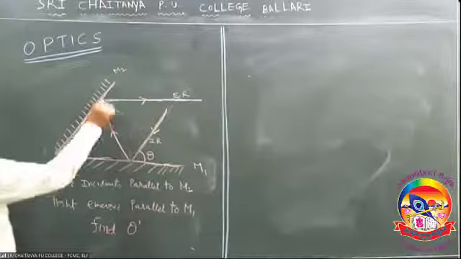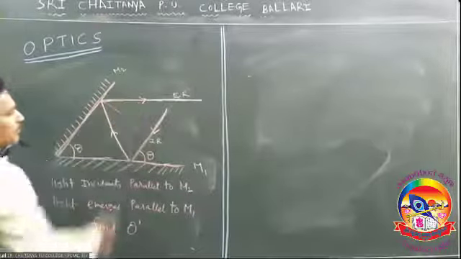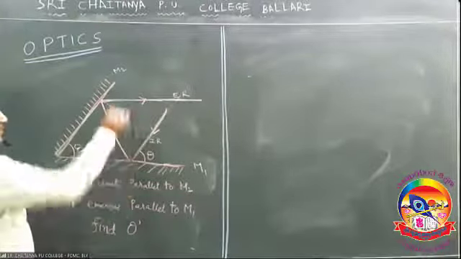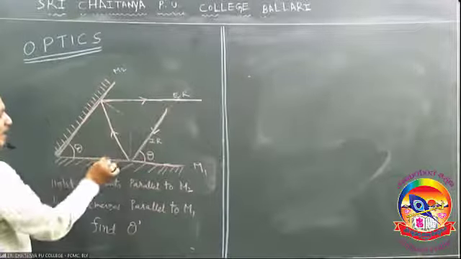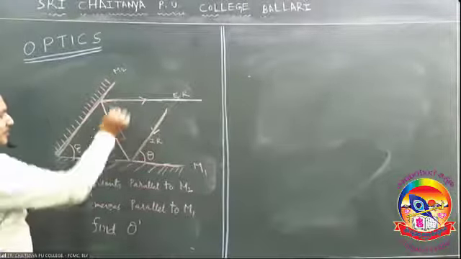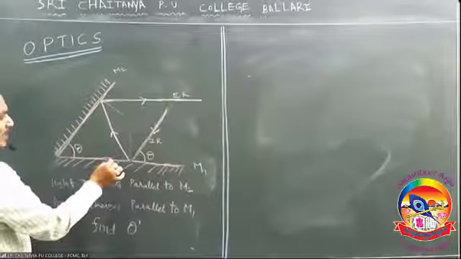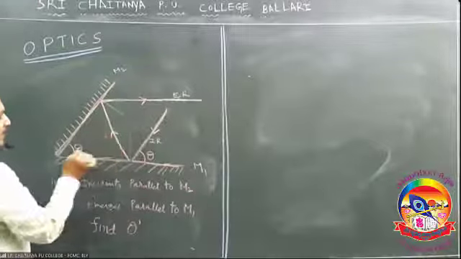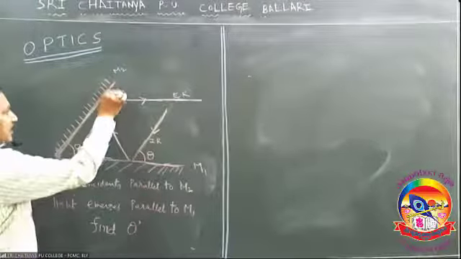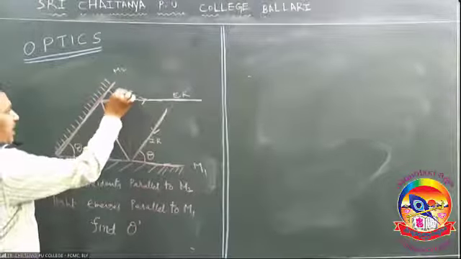Come to this line. This line and this line, how are they parallel? If they are parallel, if this angle is theta, this angle is also theta.